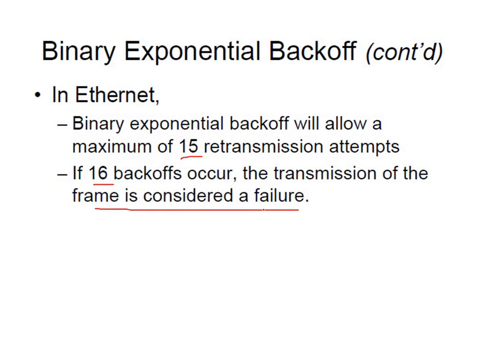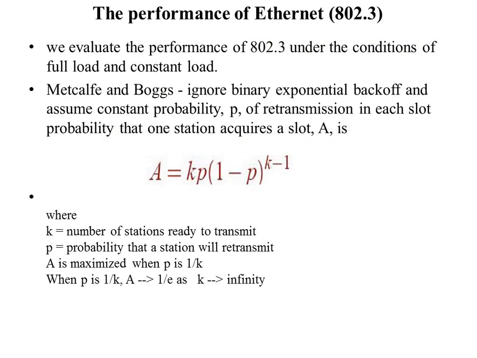So this is how the exponential backoff algorithm works, and it helps you in retransmitting the frames again and again if the collision is detected. After the 16th attempt it will report a failure, and you cannot transmit the frame. This is how the binary exponential algorithm works.